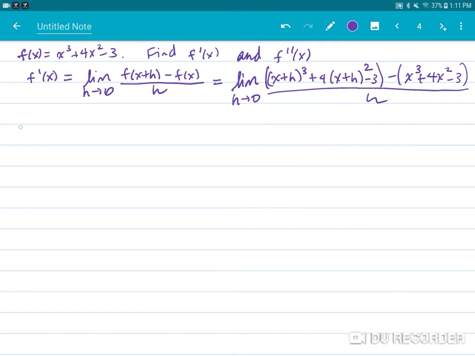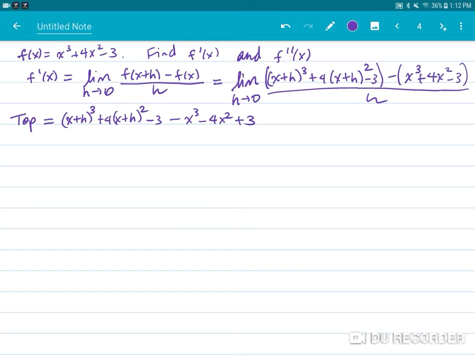So I'm going to take the top of the difference quotient. That would be (x plus h) cubed plus 4(x plus h) squared minus x cubed. So (x plus h) cubed is what I want.